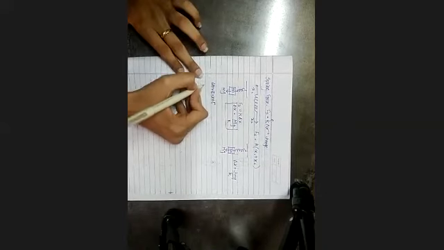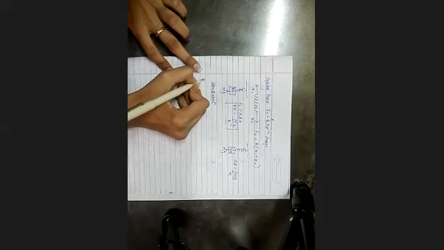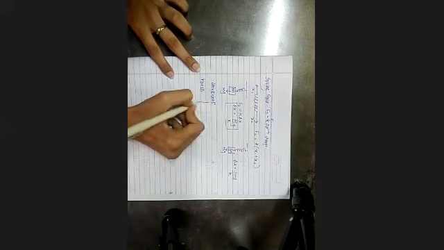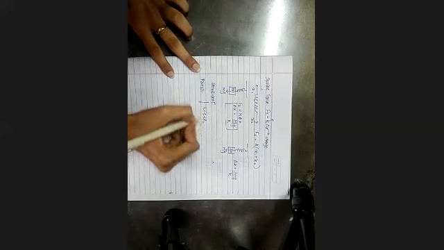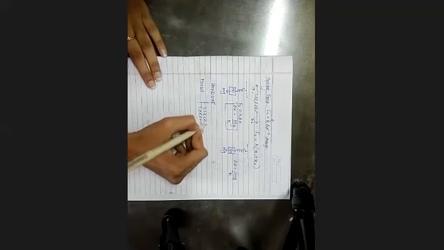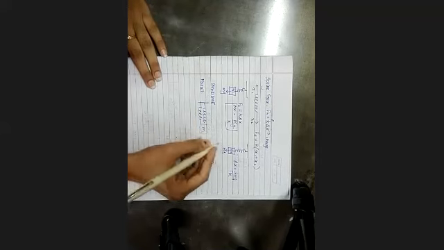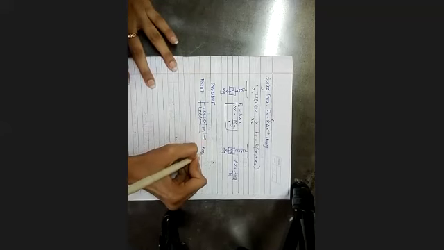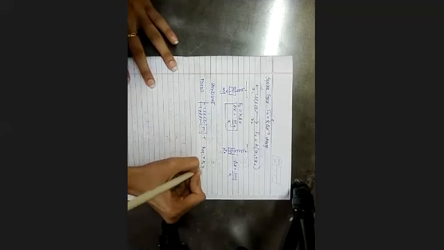Combinations of springs. If the springs are arranged in parallel, that is one below the other, with the mass common, then K equivalent will be K1 plus K2.